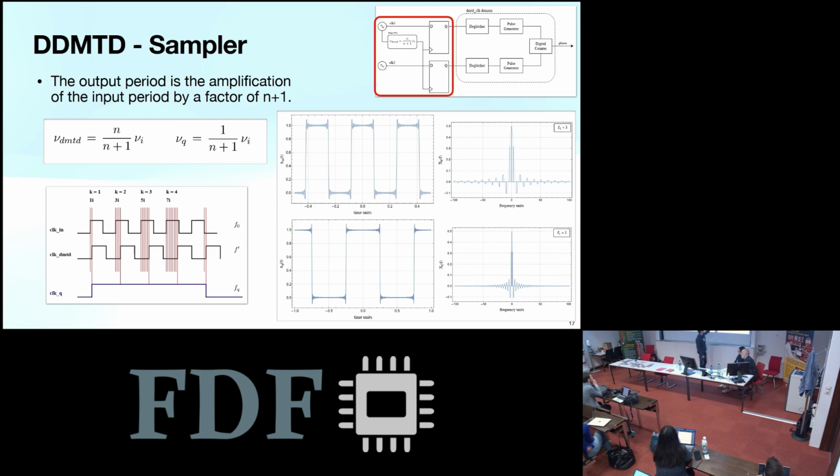So we have the input clock, we convert it in frequency, we apply the transformations for the sampling and the holding, and then when we go back in time, we demonstrate that there is this amplification effect of the period. The amplification factor for our use case is 10 to 100,000.